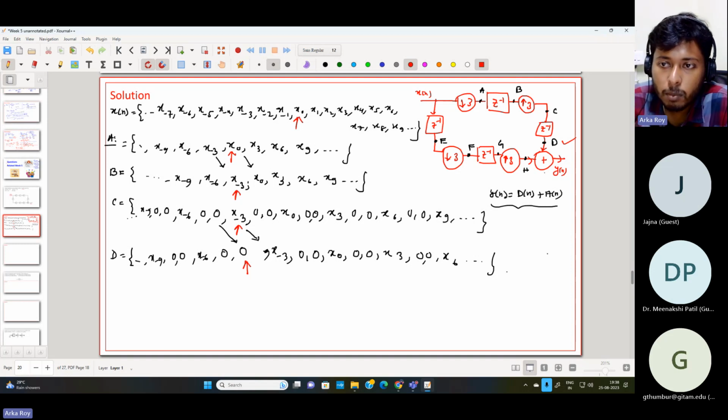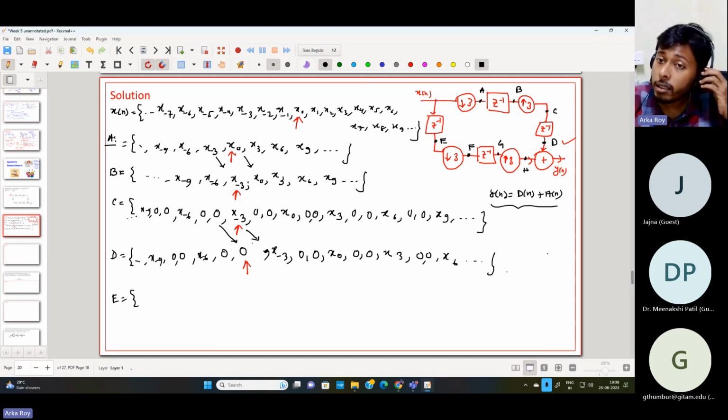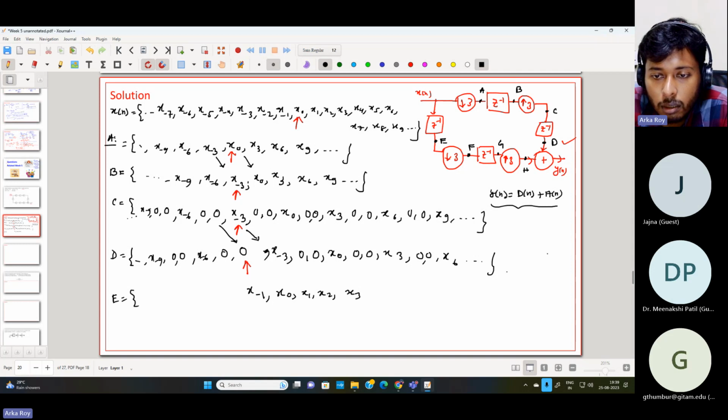Now we have to go with this other path. If I move along this path, it seems there is a delay component with z to the power minus 1. That means delay by 1. So if I delay it by 1, x of minus 1 will come over here, then x0, x1, x2, x3, x4, x5, x6, dot dot.